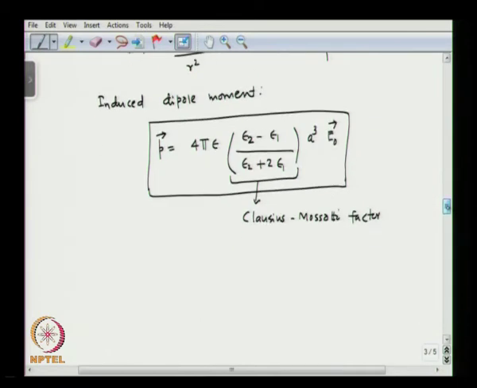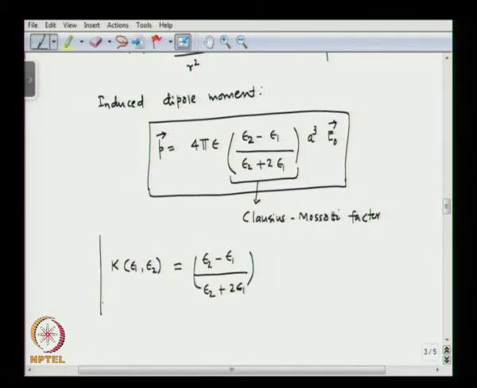So you can write the Clausius-Mossotti factor K of epsilon 1, epsilon 2 as epsilon 2 minus epsilon 1 divided by epsilon 2 plus 2 epsilon 1.